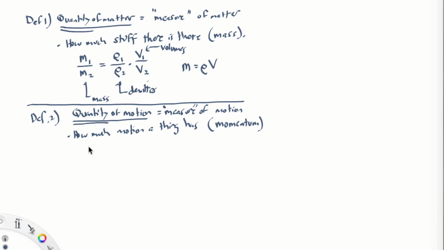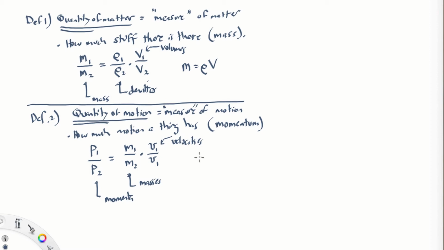And he says, how do you compare the quantity of motion or the momentum of two different objects? If we call the letter P the momentum, you can compare the momenta of two different objects by comparing their masses, or their quantities of matter, and their velocities. So the ratio of the masses of the objects and the velocities of the objects.